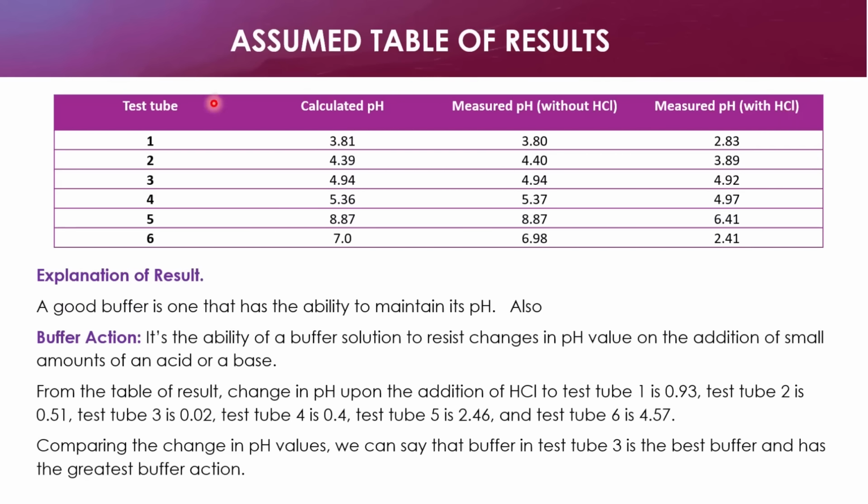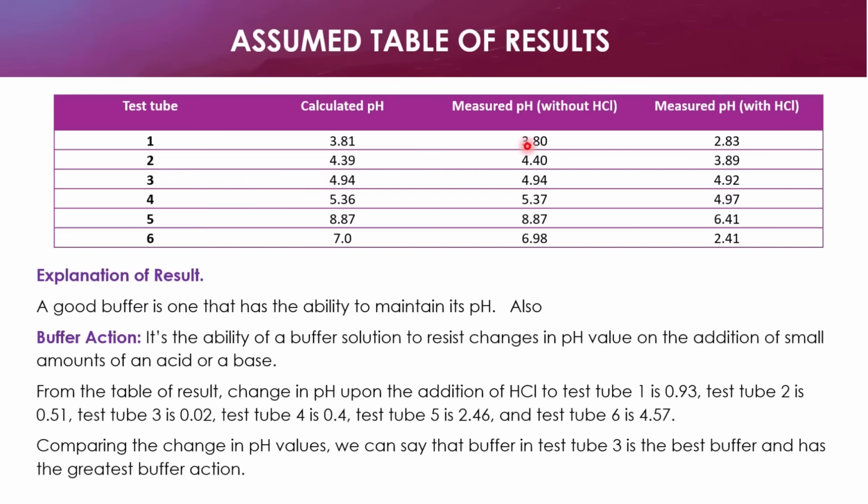For test tube 4, the calculated pH is 5.36, the measured pH without HCl is 5.37, and with HCl is 4.97. For test tube 5, the calculated pH is 8.87, the measured pH without HCl is 8.87, and with HCl is 6.41.